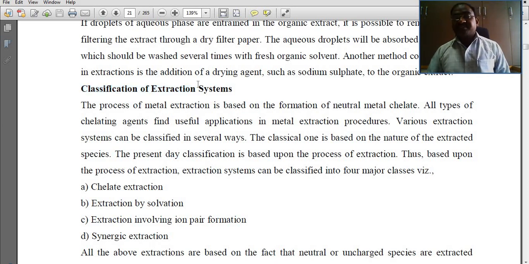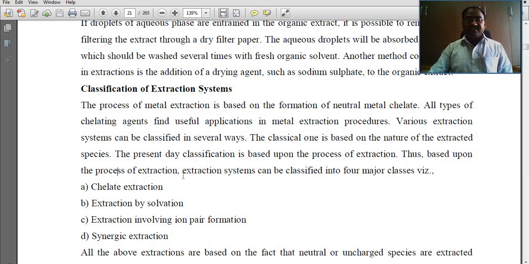Classifications of extraction systems. The process of metal extraction is based on the formation of neutral metal chelates. All types of chelating ligands find useful applications in metal extraction procedures.